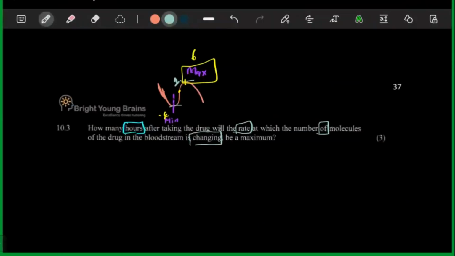So this question says, how many hours after taking the drug will the rate at which the number of molecules of the drug in the bloodstream is changing be a maximum? So the rate of change equation is the first derivative, right? Which we have.